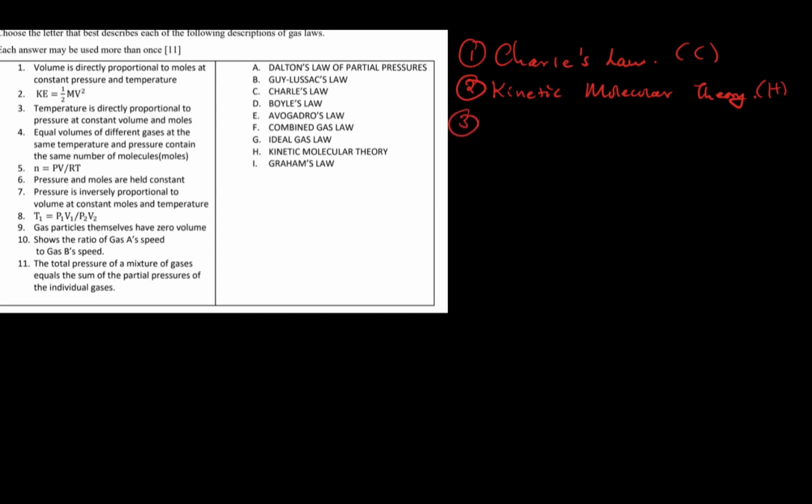3, which says temperature is directly proportional to the pressure at constant volume and moles.